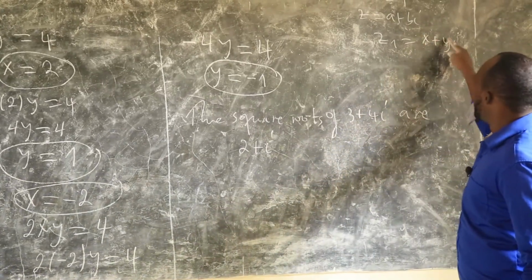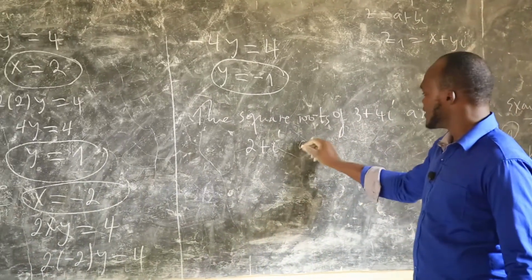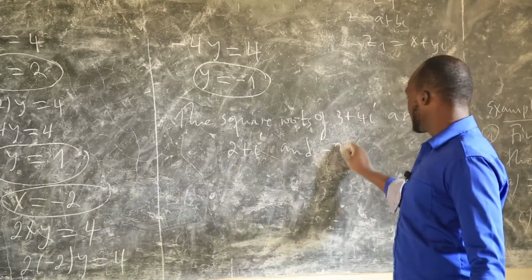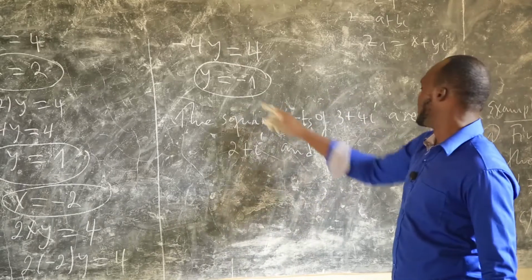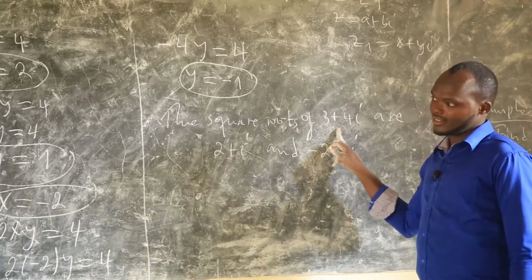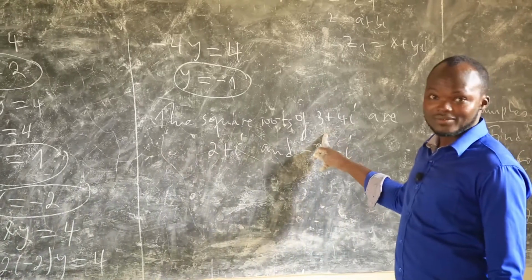X is 2, y is 1. And x is negative 2, and y is negative 1. So those are the square roots of 3 plus 4i. Are you getting this one for sure?